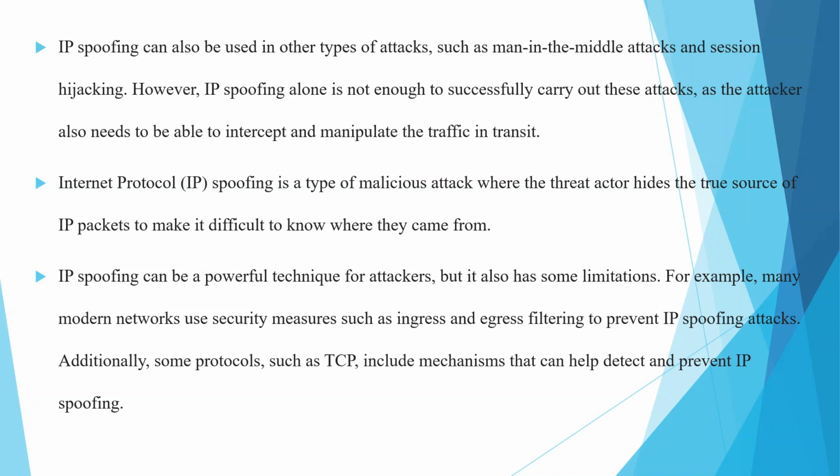Attackers may find IP spoofing to be a strong tool, but it also has certain drawbacks. To stop IP spoof attacks, for instance, many modern networks include security techniques like ingress and egress filtering. In addition, some protocols like TCP have features that can aid in detecting and preventing IP spoofing.